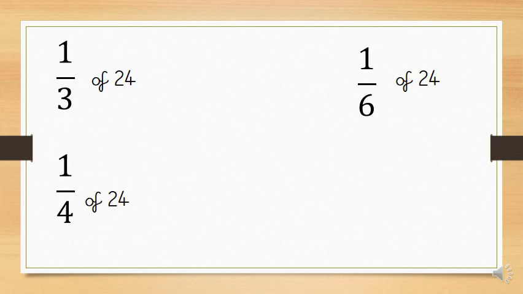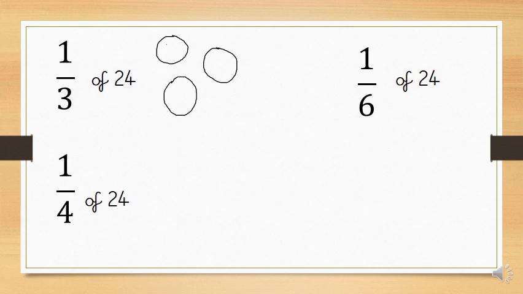Imagine that you've got 24 counters in front of you, and you want to find 1/3. So you've got to split your counters into 3 groups to represent your thirds. Most of you should remember this because you did this in year 4 and probably in year 3. So then we're just going to simply share out our 24 counters.